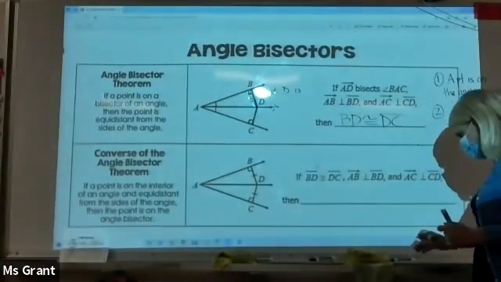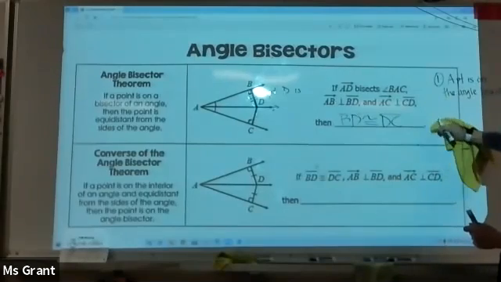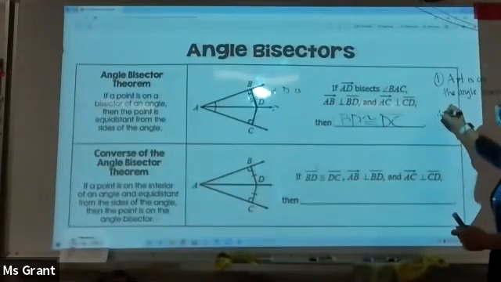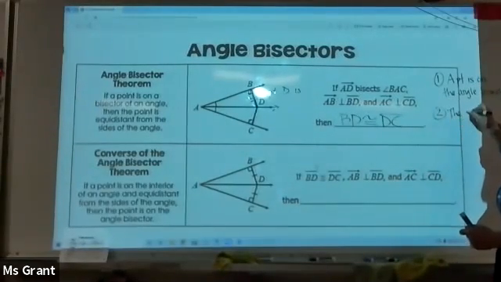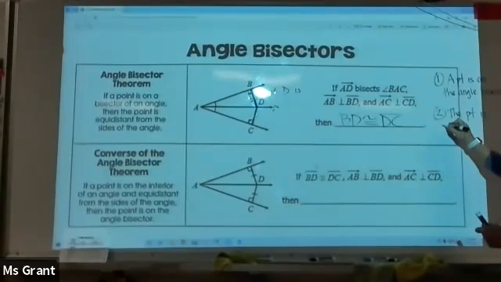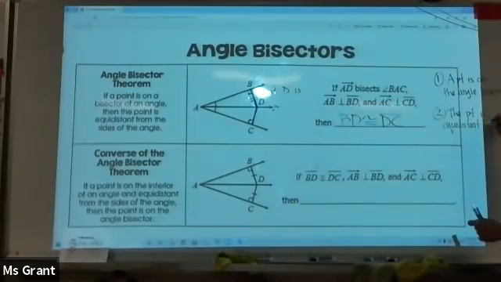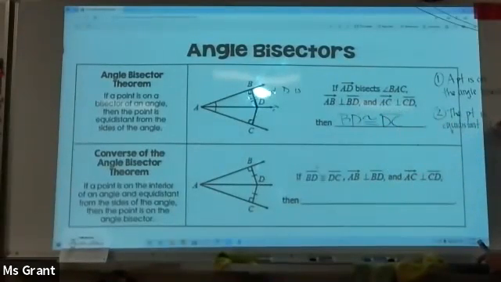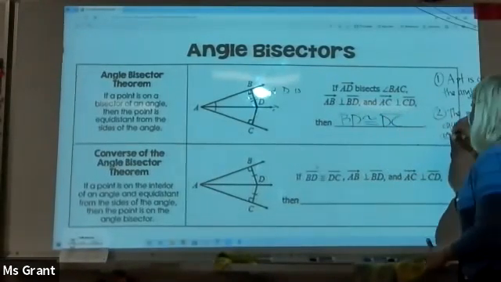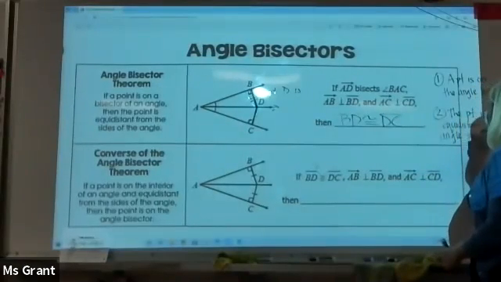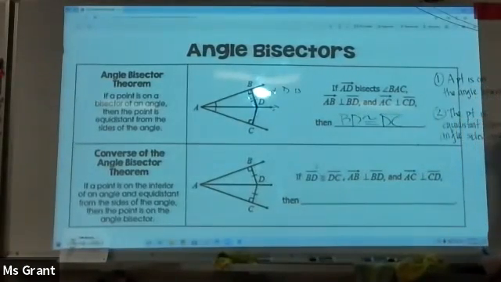A point is on the angle bisector. The point is equidistant from the angle sides, and you need to draw it so that it's perpendicular to the angle sides.